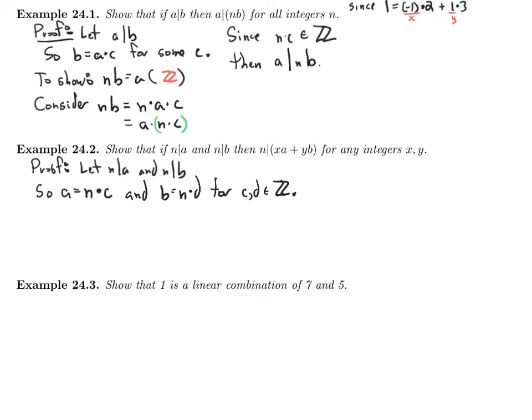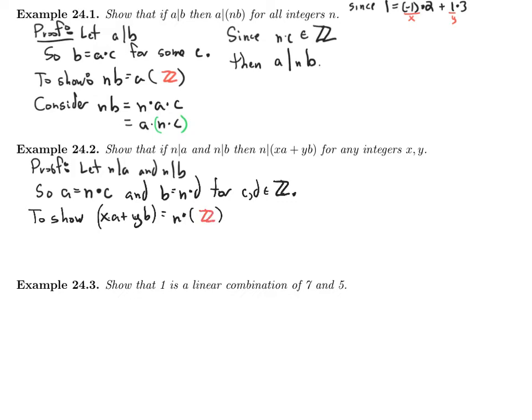Okay, that's great. And of course, we need to show that we can write x times A plus y times B as n times some integer. So that's our goal here.